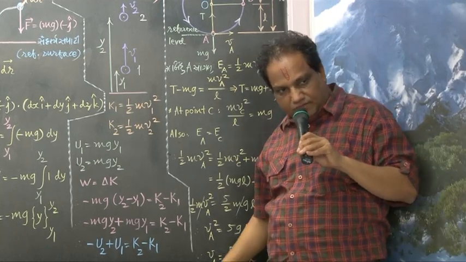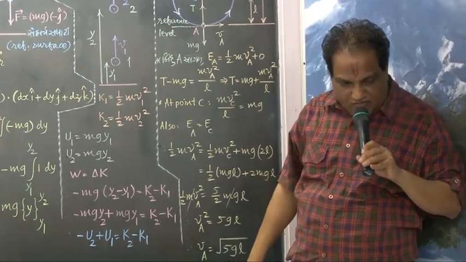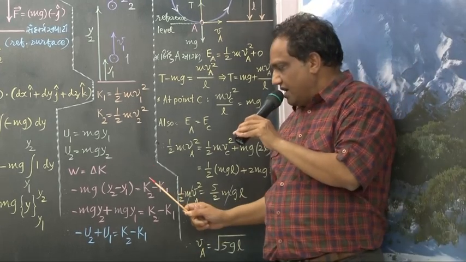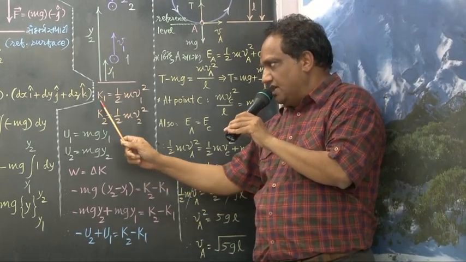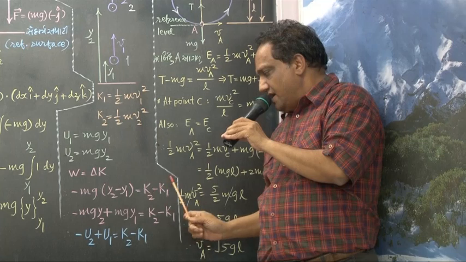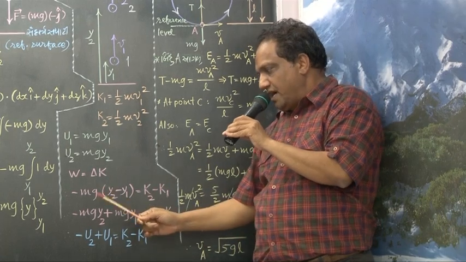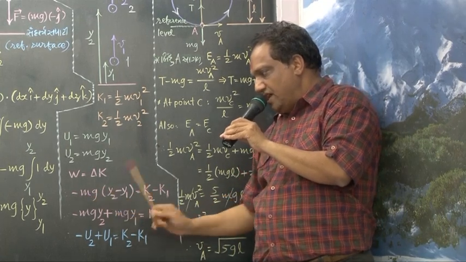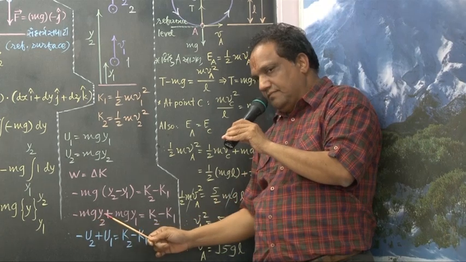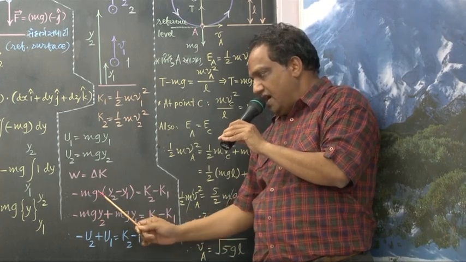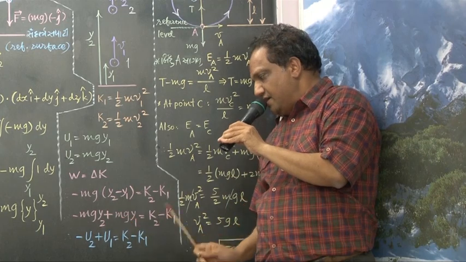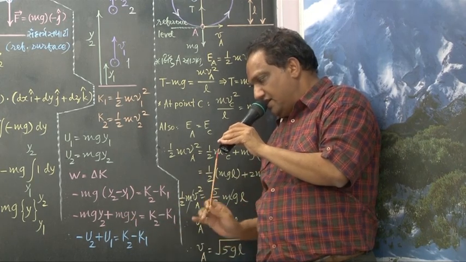Change means final minus initial. So the final kinetic energy is K2 and the initial kinetic energy was K1. Open the bracket: minus mgy2, minus minus plus mgy1, that equals K2 minus K1.